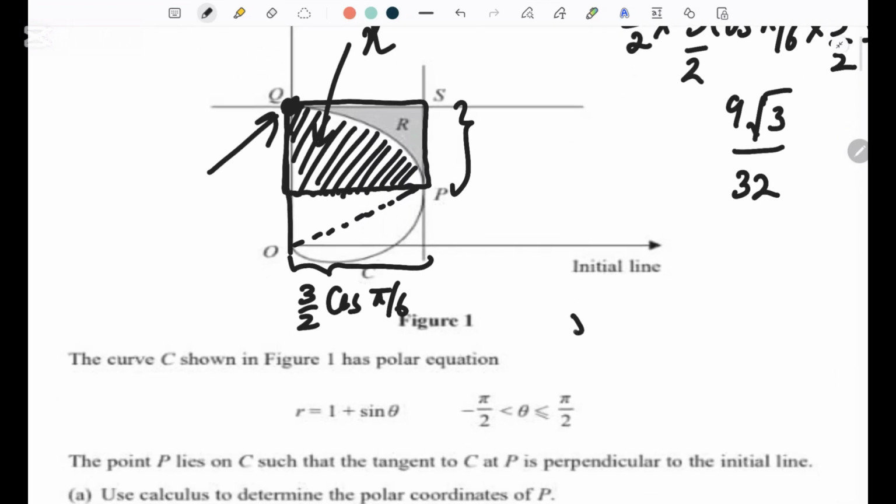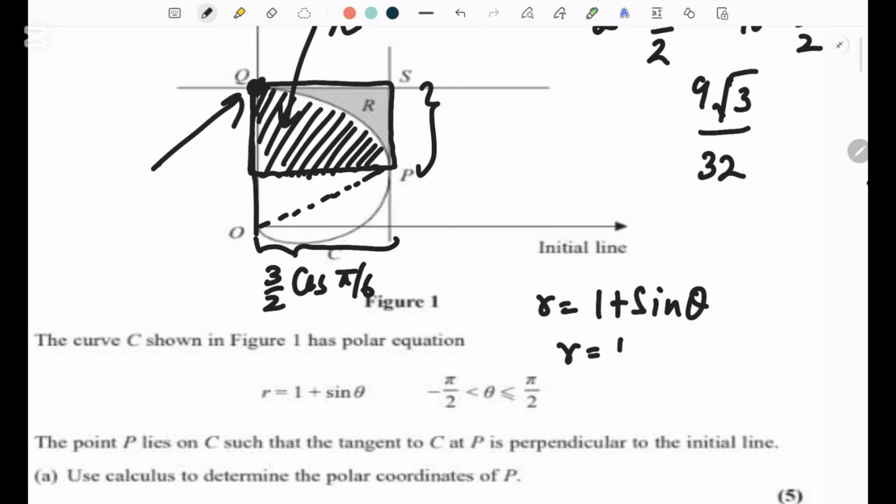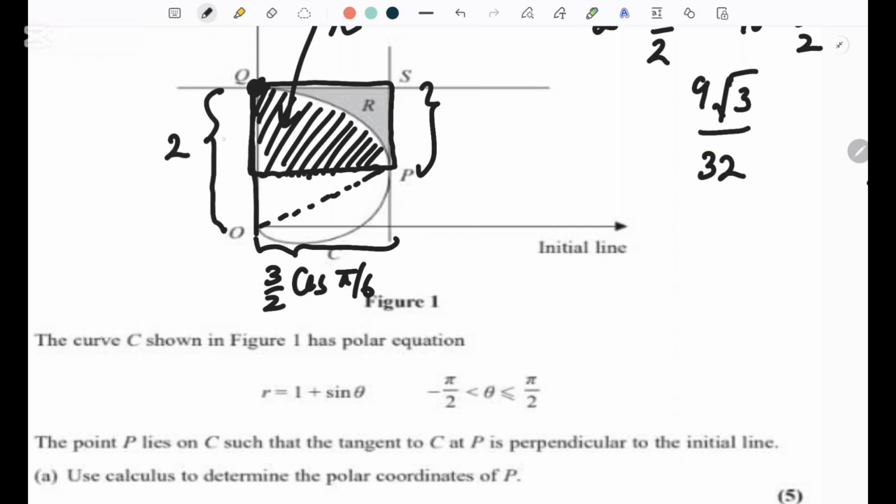Using r equals 1 plus sine theta, to find the longest distance, all you have to do is substitute theta equals pi over 2, because at that point the angle is 90 degrees. So r equals 1 plus sine pi over 2, giving the answer as 2. So this whole distance is 2.